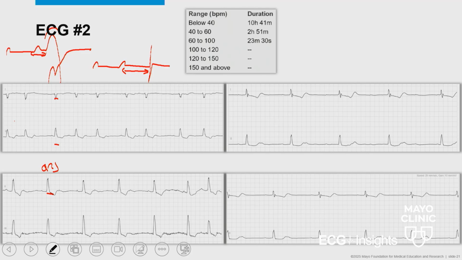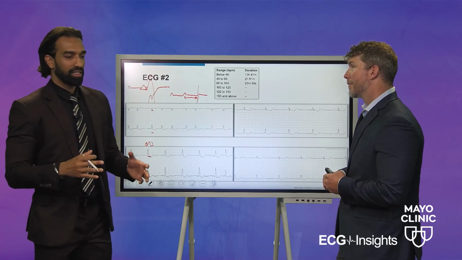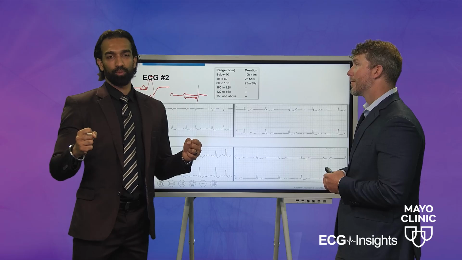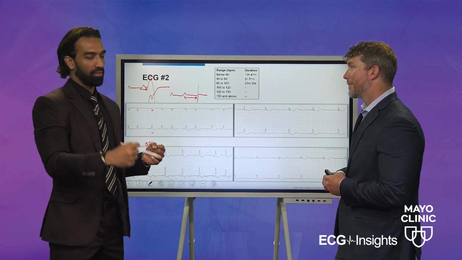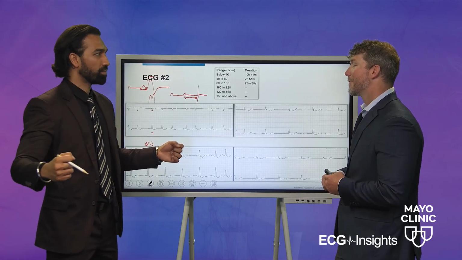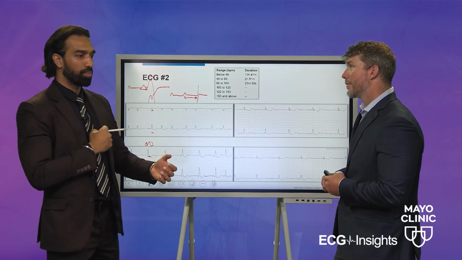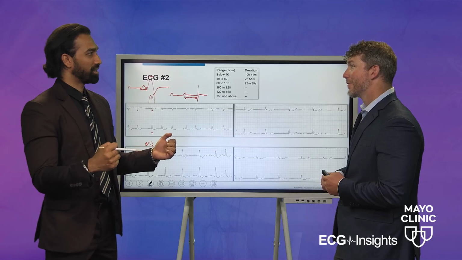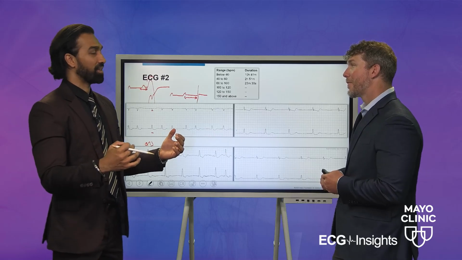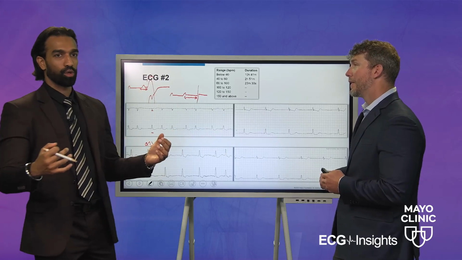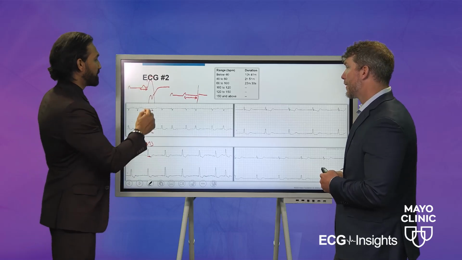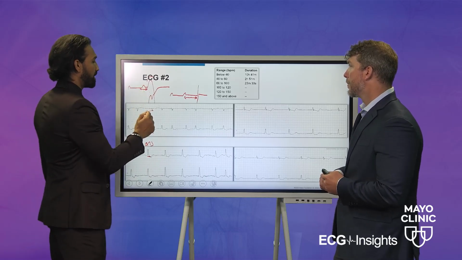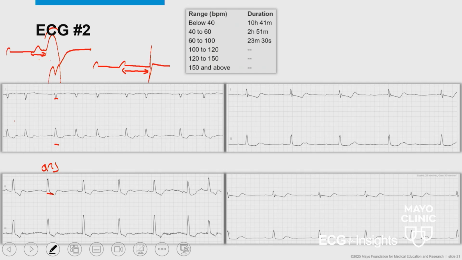It's because when the AV node gets blocked, the PR interval can stretch a lot more. The time from the atrium to the AV node can stretch a lot more, like 100, 200 milliseconds. The time from the His bundle to the ventricle does not need to stretch a lot before the patient is defined as having infrahisian disease. So it could be something as short as 20, 30 milliseconds. If you see a wide QRS and a normal PR interval in a 2-to-1 AV block like this one, that's a little more concerning than something like this.